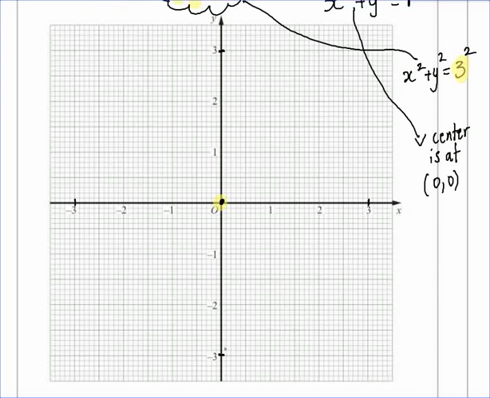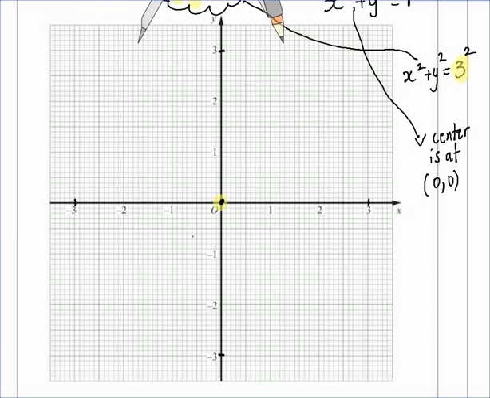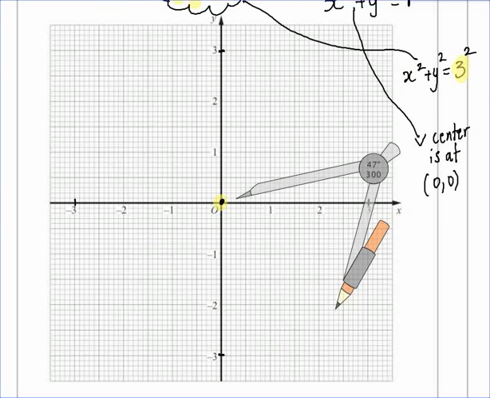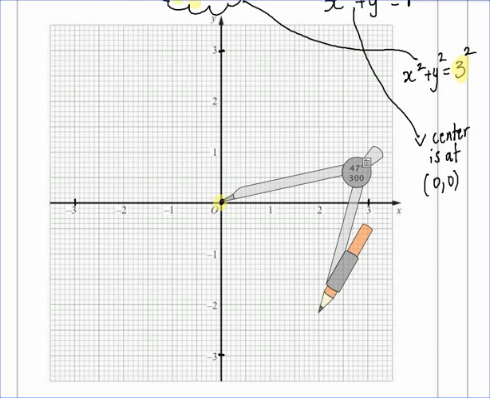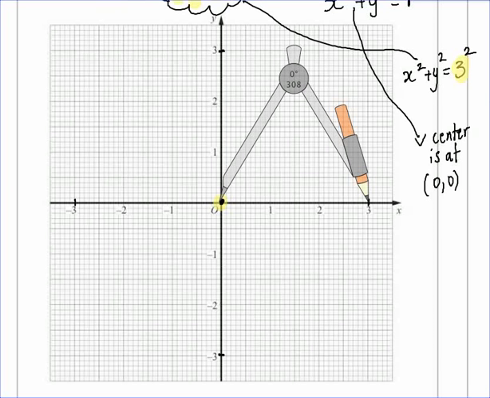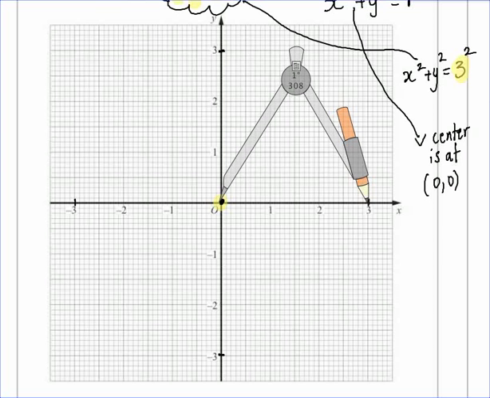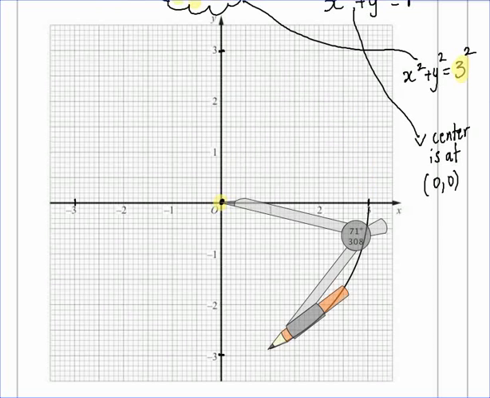The next thing you're going to do is take a compass, place the point at the center, make sure that you open it wide enough, and now draw the circle.